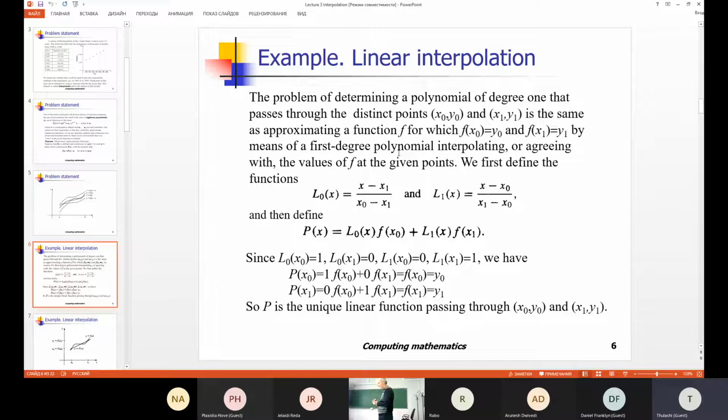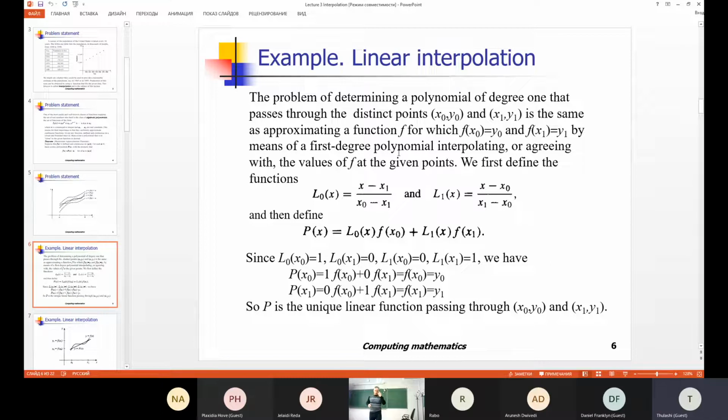In this problem, x0, x1, y0, y1 are constants, some given numbers. And in this formula, we have only one variable, x here, and the degree of this x is 1, and x here.